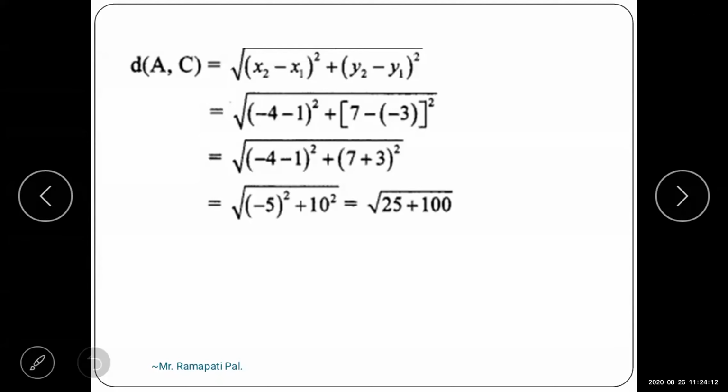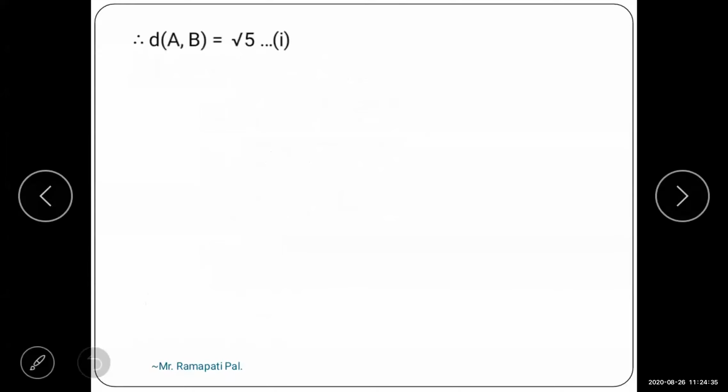This is equation number 3. Distance AC is equal to 5 root 5. Now we have to see equation number 1, equation number 2 and equation number 3. Equation number 1 is distance AB equal to root 5.